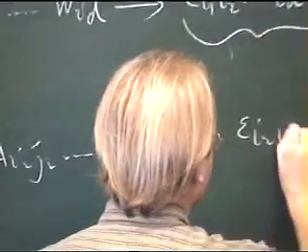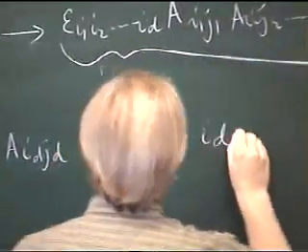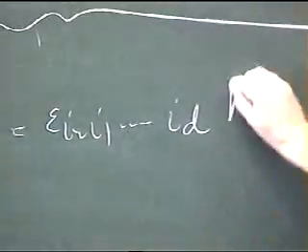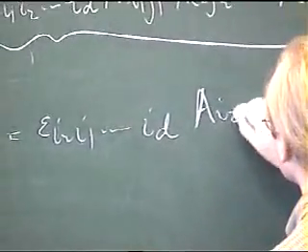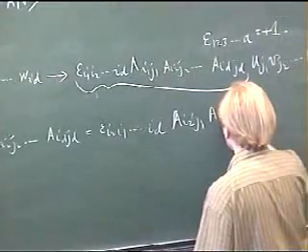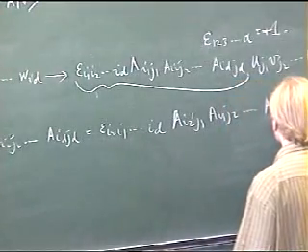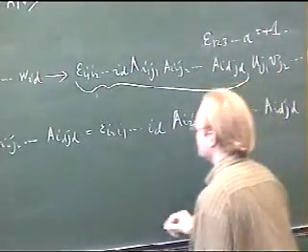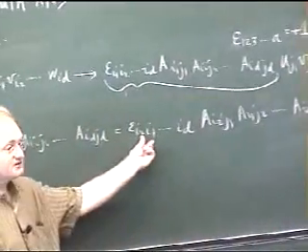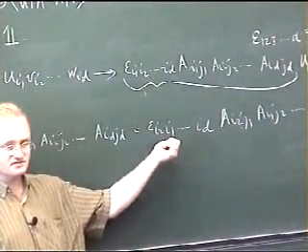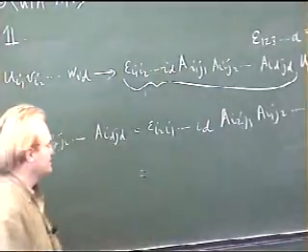So I can relabel dummy indices. This is epsilon I2, I1 up to ID, then I would get A I2, J1, A I1, J2, going all the way up to A ID, JD. This is equal to, I'm going to swap these two indices back. When I do that, it costs me a minus sign.